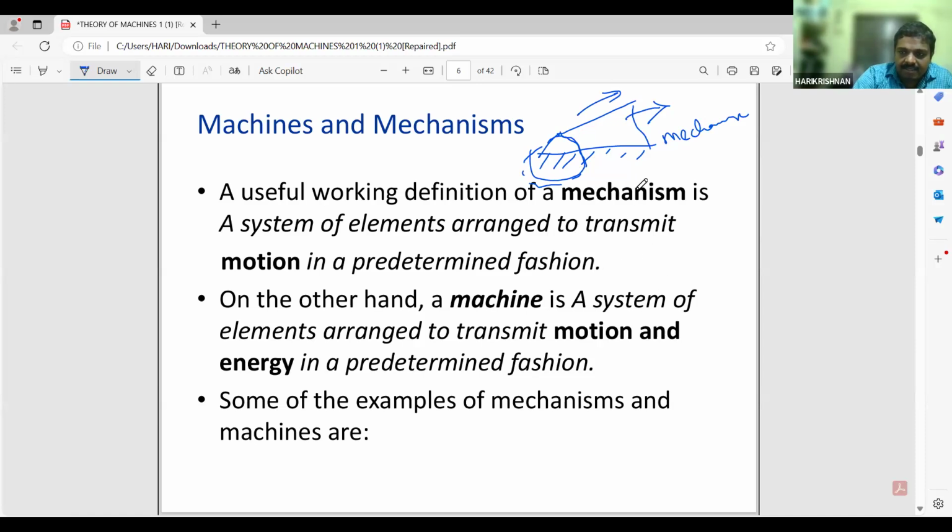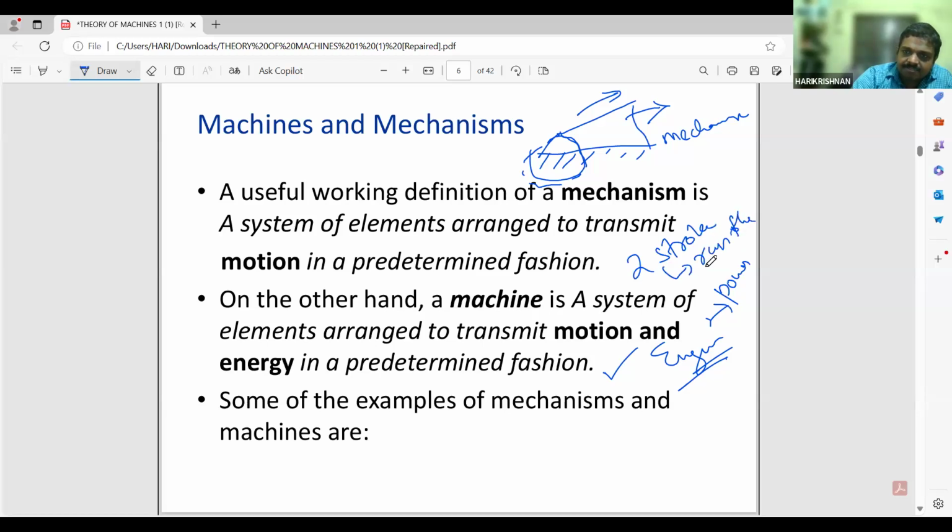On the other hand, a machine is a system of elements arranged to transmit motion and energy in a predetermined fashion. For example, an engine is a machine. What is the function of an engine? To transmit power. A 2-stroke engine is used to run the scooter.